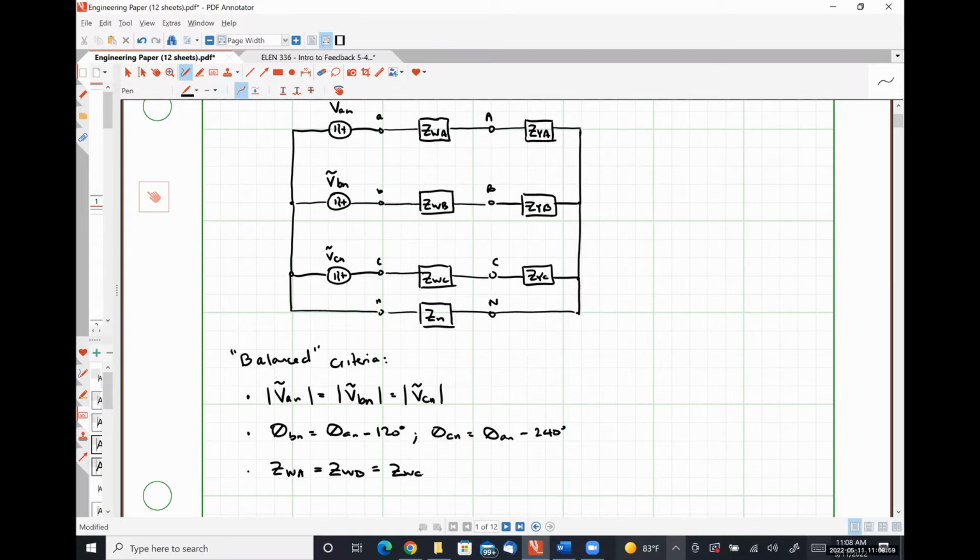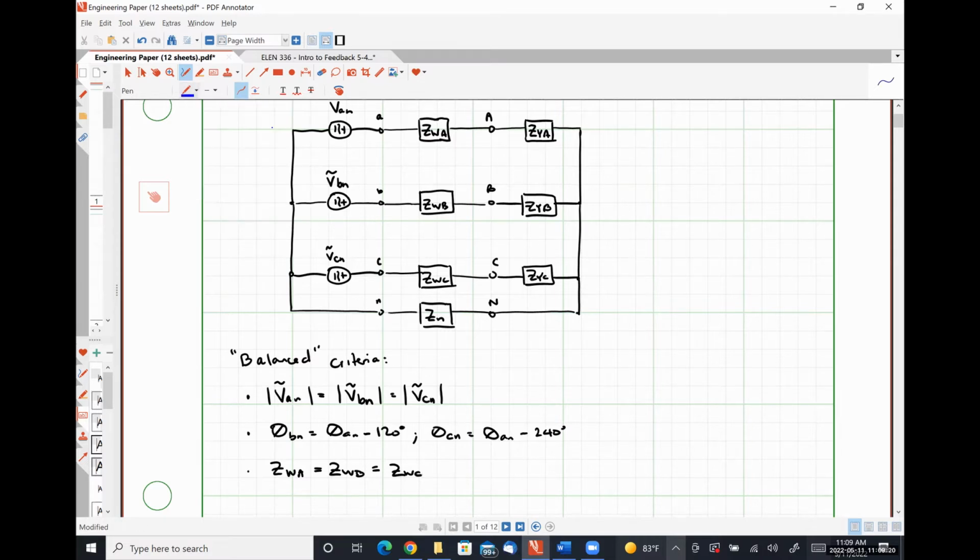So I want to put a very important caveat here. I am intentionally not including my neutral conductor impedance there. It can have a different value and still balance the system, and we will see why shortly.